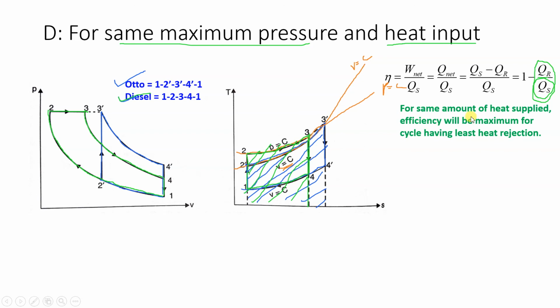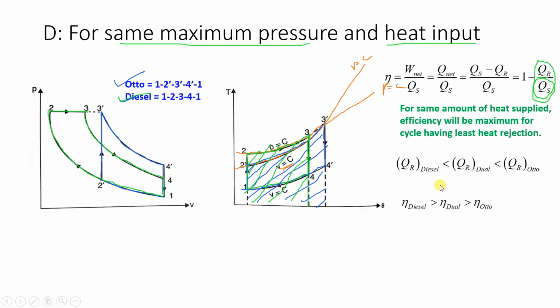So I'll write it down now. For the same amount of heat supplied, efficiency will be maximum for the cycle having least heat rejection, and least heat rejection is in case of which cycle? Diesel cycle. So heat rejection in case of diesel cycle is less than heat rejection in case of dual cycle, is less than heat rejection in case of Otto cycle.